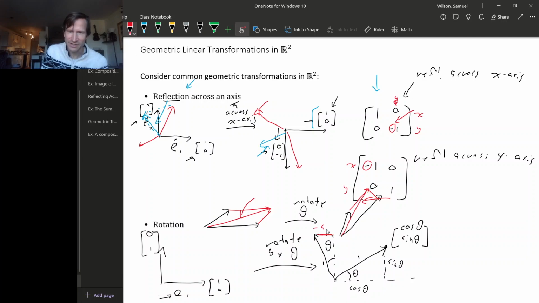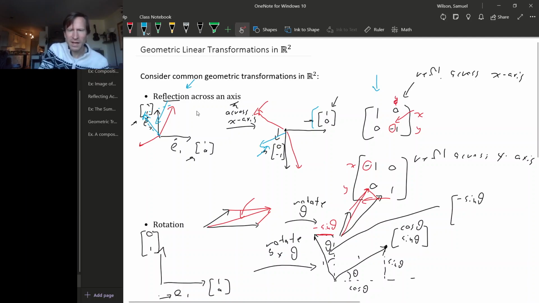So this is negative sine theta, and that's an x-coordinate, not a y-coordinate. So for this vector, the x-coordinate is minus sine theta. And the y-coordinate, that's this blue distance here, that's the cosine of theta since it's adjacent to the angle. So the y-coordinate is cosine theta.